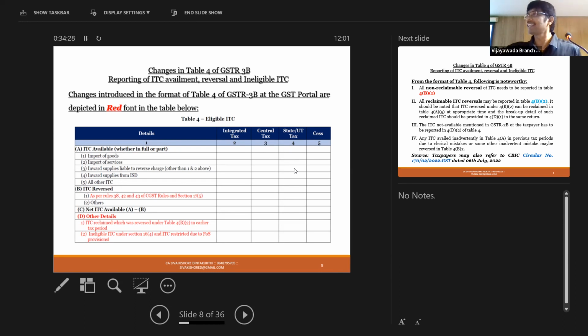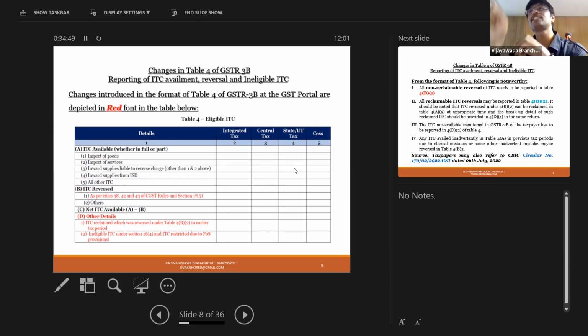My 2B contains 500 invoices. You tell me, out of 500, how many eligible, how many temporary reversal, how many permanent reversal, how many under section 16 having time barring limit, how many are already ineligible because of POS difference. These are the data which you are required to see.